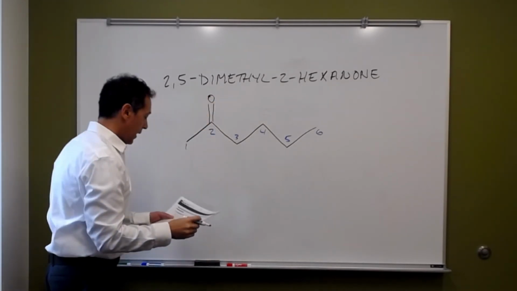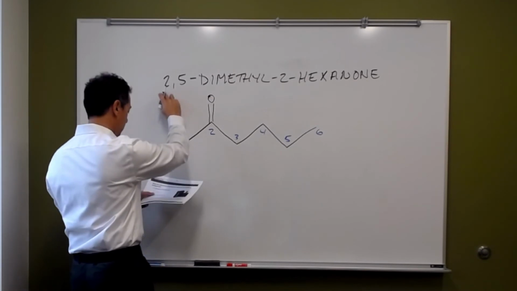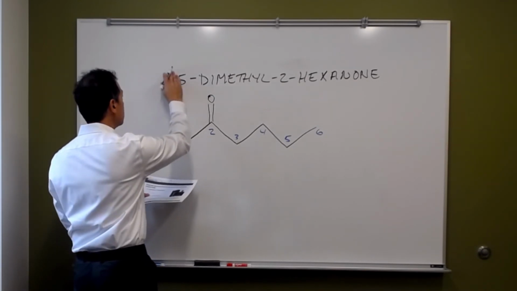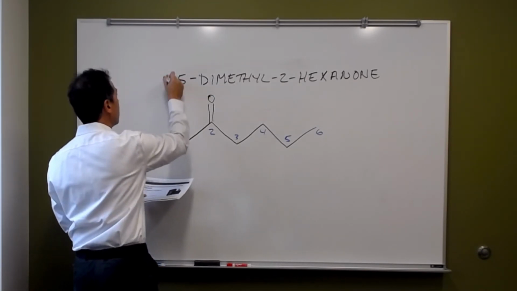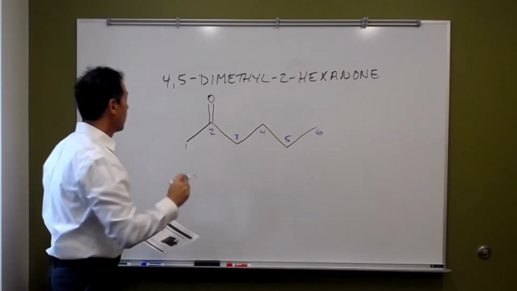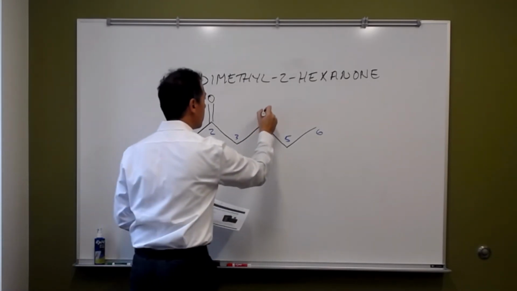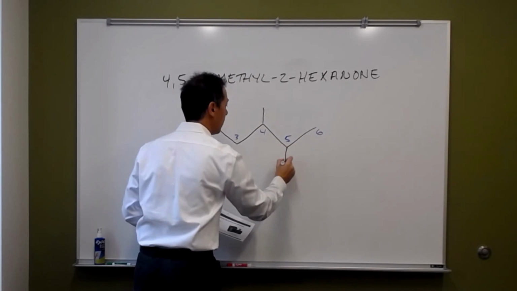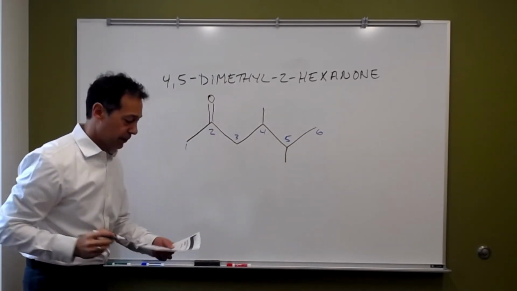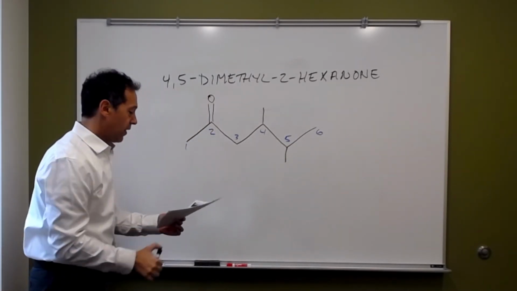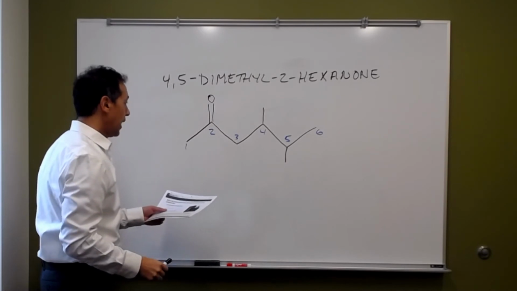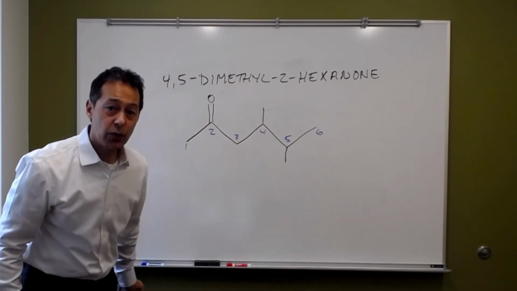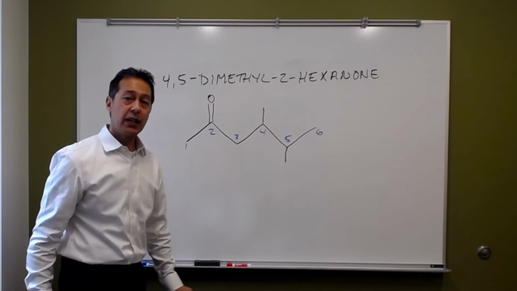And then coming off of 4 and 5 are my 2 methyl groups. 4,5-dimethyl-2-hexanone.